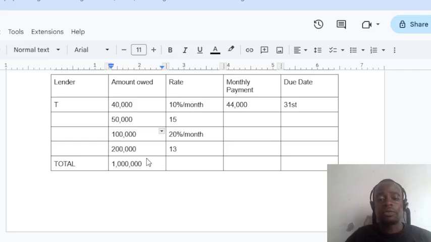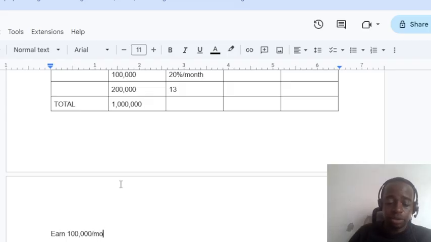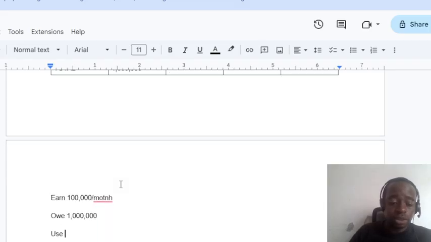Because if you owe 1,000,000 shillings and you earn, for example, 100,000 per month, and you use the total, which is impracticable, it will take you 10 months to pay off the debts. That is also assuming that the debts are not accumulating per month. But because the debts are accumulating per month, it might take you more.